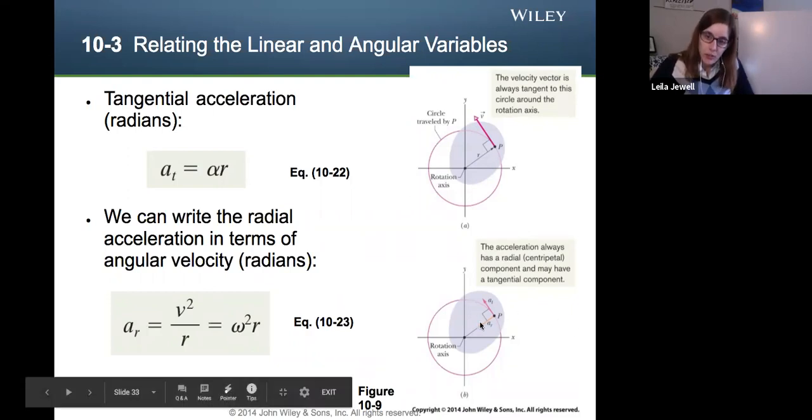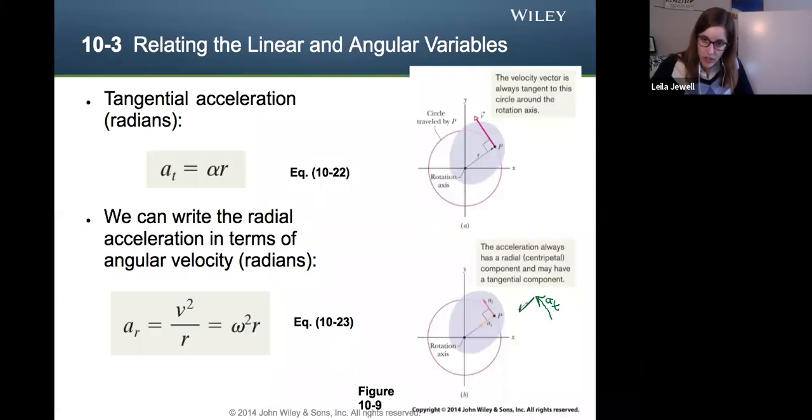Oh, and if you want the overall acceleration, before I move on, note that because these are at a right angle from each other, you will have to combine them, right? So if you have your tangential, a sub t, and the radial is pointing downward at that angle, I'm going to actually move it over here, so we can draw it tip to tail to show how they would combine.